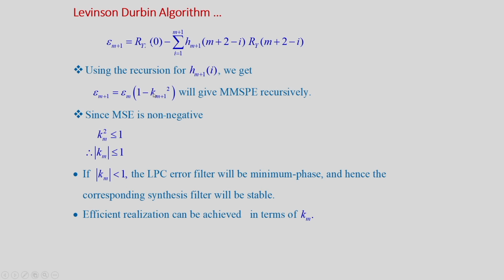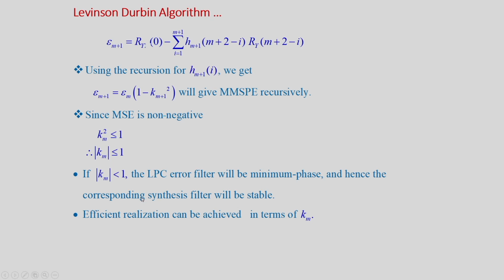Because here we can ascertain that this quantity is less than 1, the corresponding LPC error filter will be minimum phase, because we are implementing in terms of k_m, and hence the corresponding synthesis filter will also be stable.